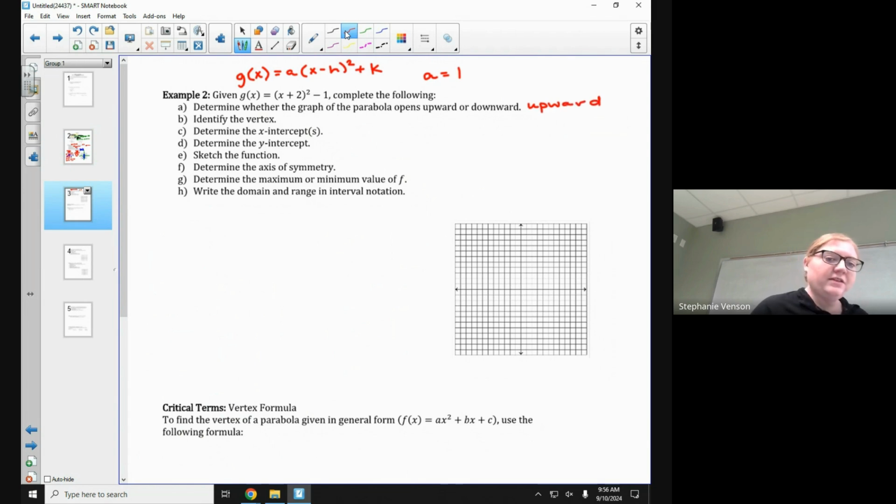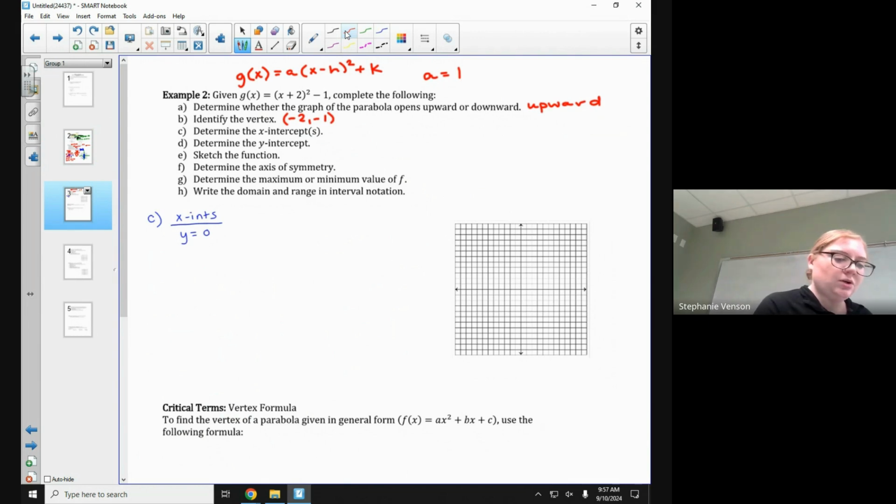Okay, identify the vertex. That's h comma k. Change the sign of h, keep the sign of k. What do you think? Negative 2, negative 1. Yep. Okay, C. Determine the x-intercepts. All right. x-intercepts are always found by letting y equal 0.